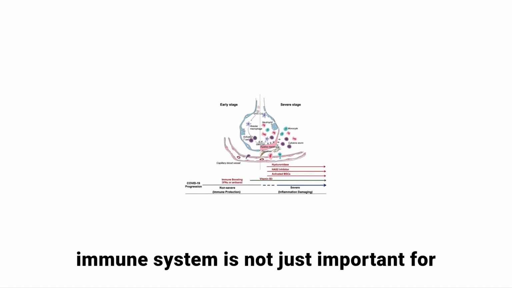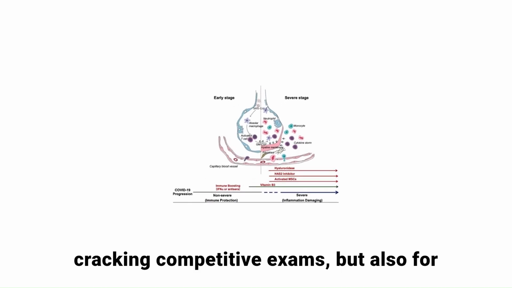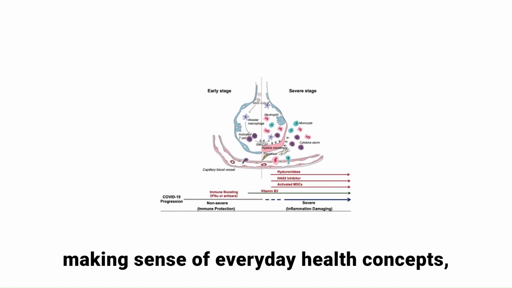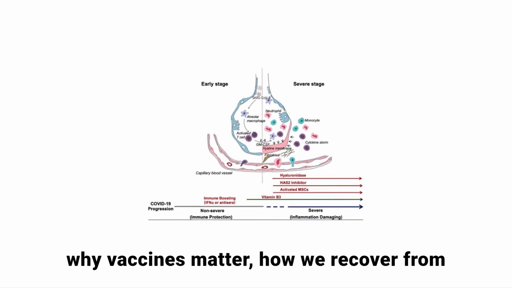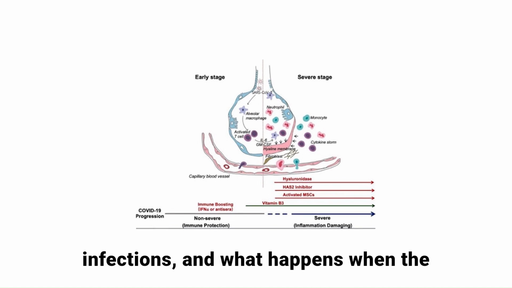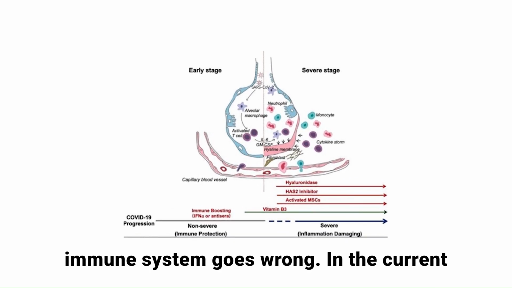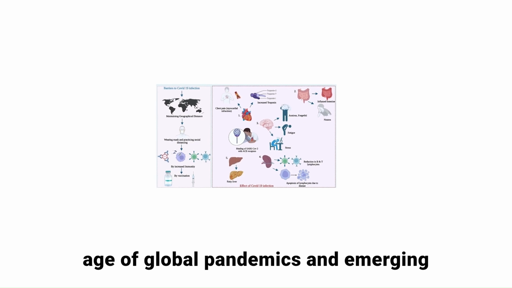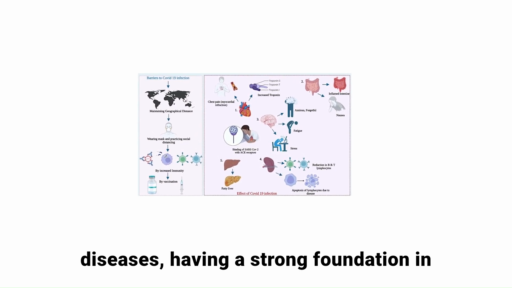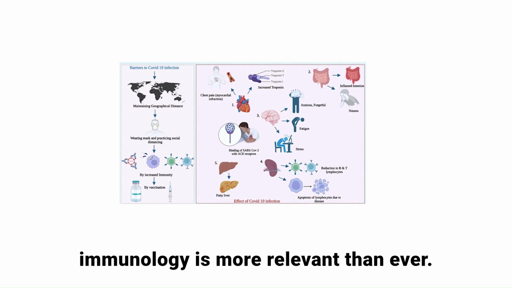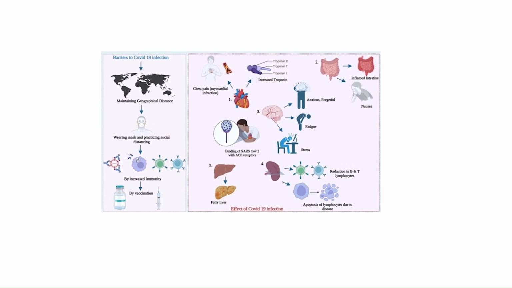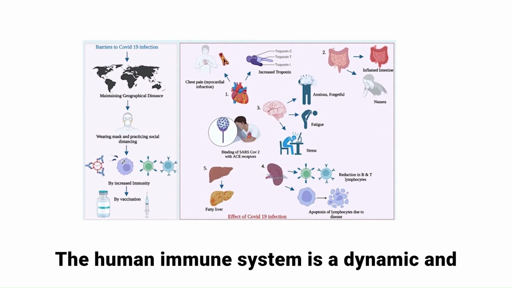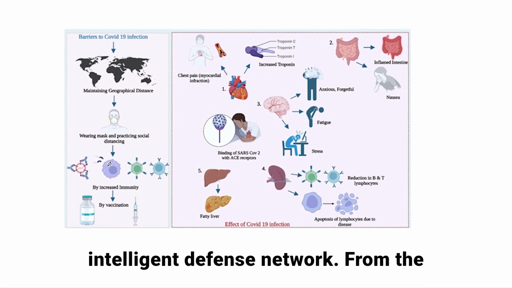Understanding the immune system is not just important for cracking competitive exams but also for making sense of everyday health concepts: why vaccines matter, how we recover from infections, and what happens when the immune system goes wrong. In the current age of global pandemics and emerging diseases, having a strong foundation in immunology is more relevant than ever. The human immune system is a dynamic and intelligent defense network.